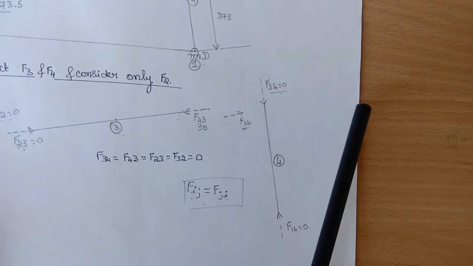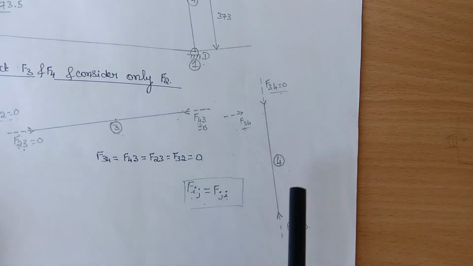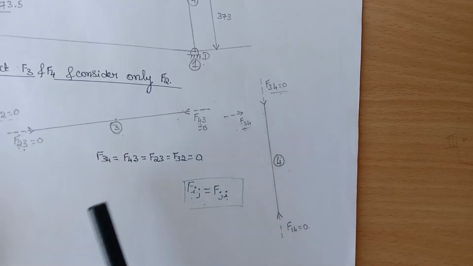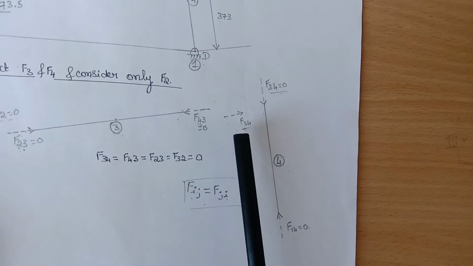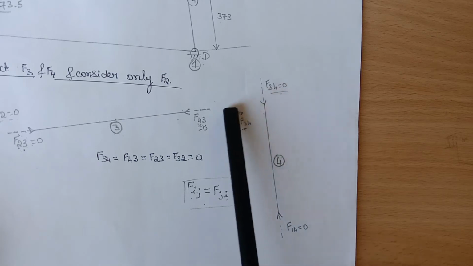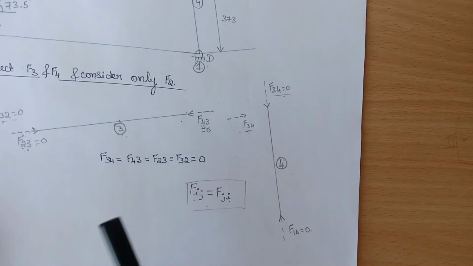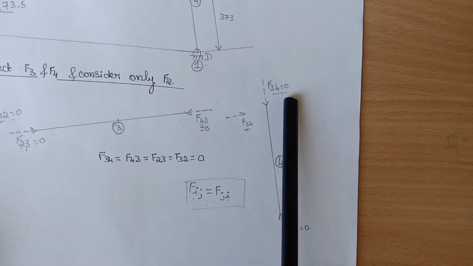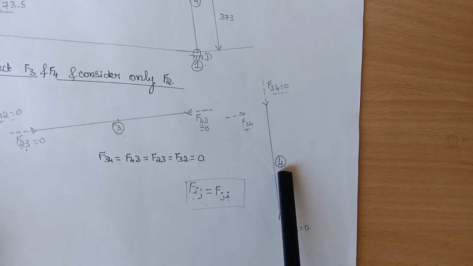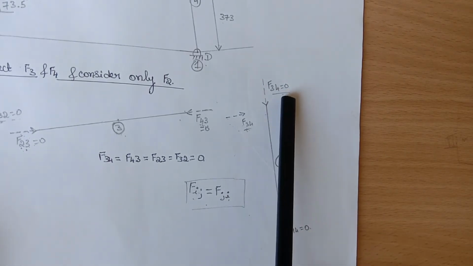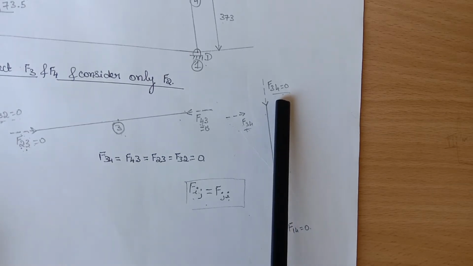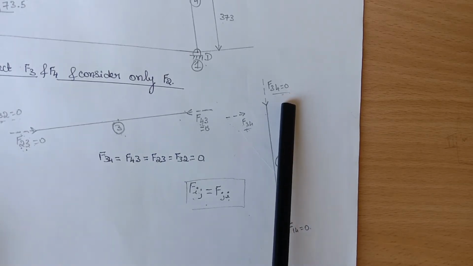Why are we changing that direction? In order to satisfy the conditions of equilibrium of a two force member. To change that, we are assuming that value as 0. That means it doesn't have any effect on link 4 when we assume that value as 0.